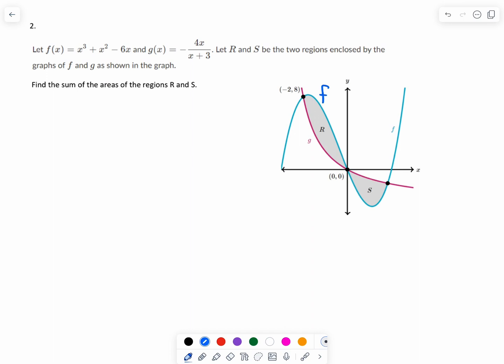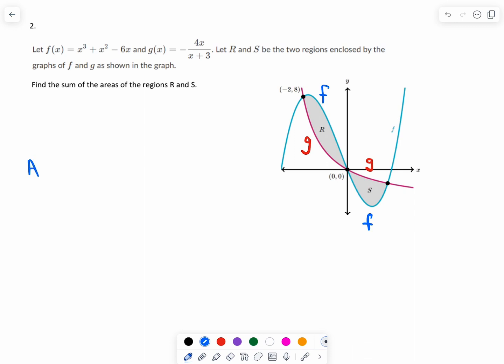I'm going to put an f in that first region R to denote that f is the higher function, and then once it dips down below into region S, f is below in the second region, and g is below in the first, but then it is the higher function after that.